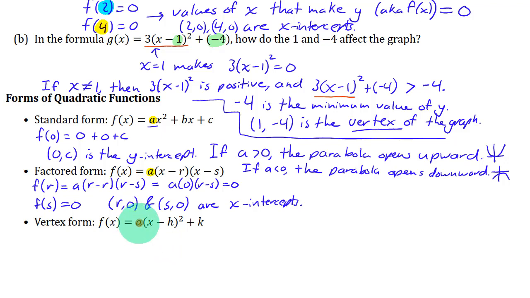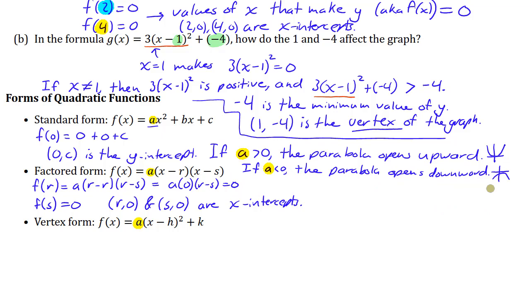So if a is greater than 0, the parabola opens upwards, and if a is less than 0, the parabola opens downwards.